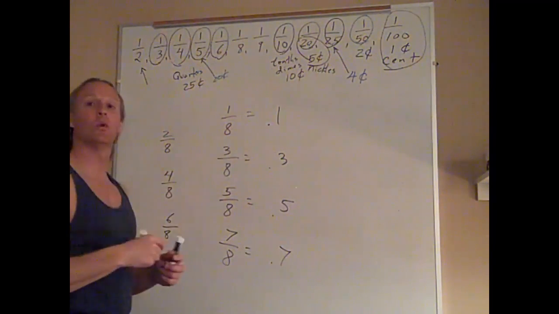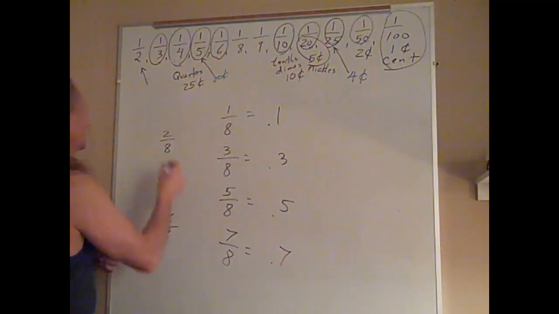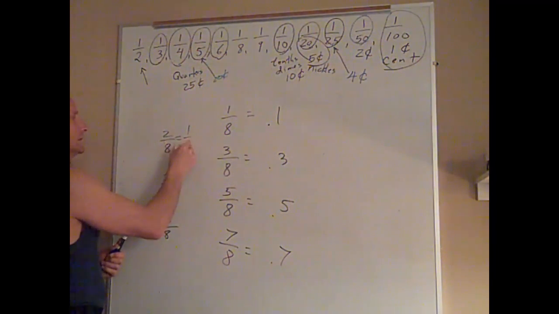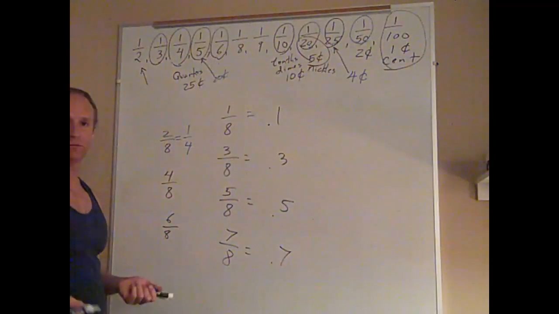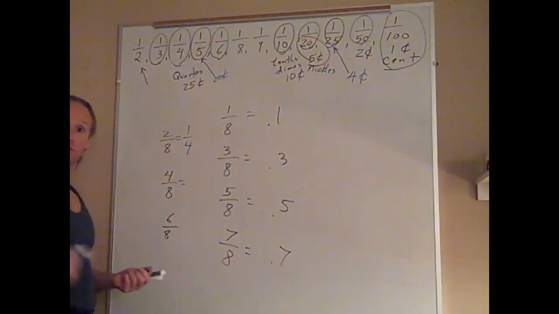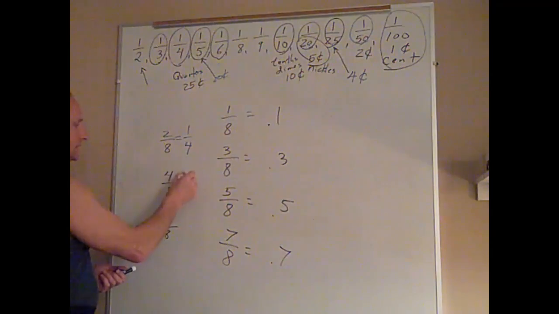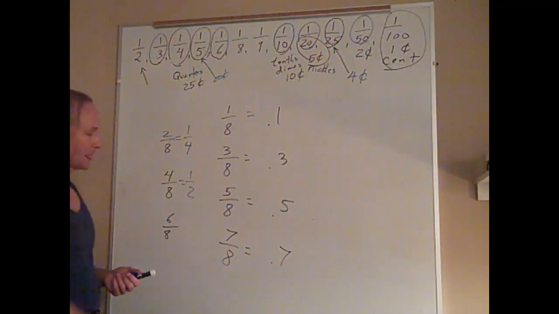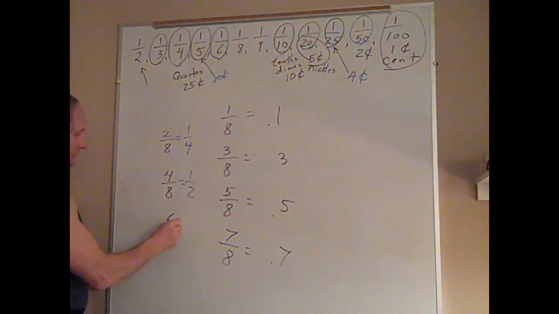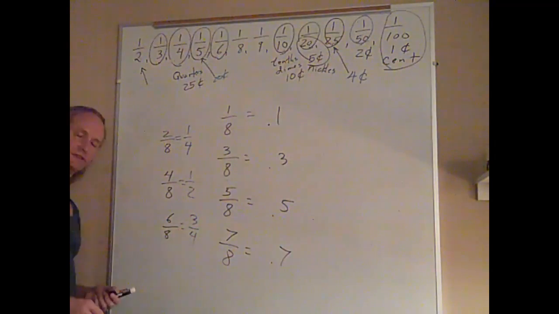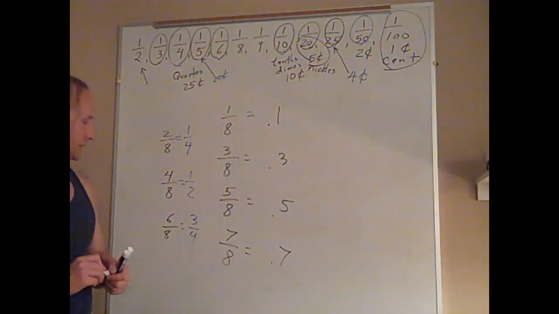Eighths are related to quarters or fourths because 2 eighths is 1/4, which is 25 cents, 25%. 4 eighths is 2 quarters, which is 50 cents. It's also a half, which is 50 cents. 6 eighths is 3 quarters, which is 75 cents, or 3/4 if you like.